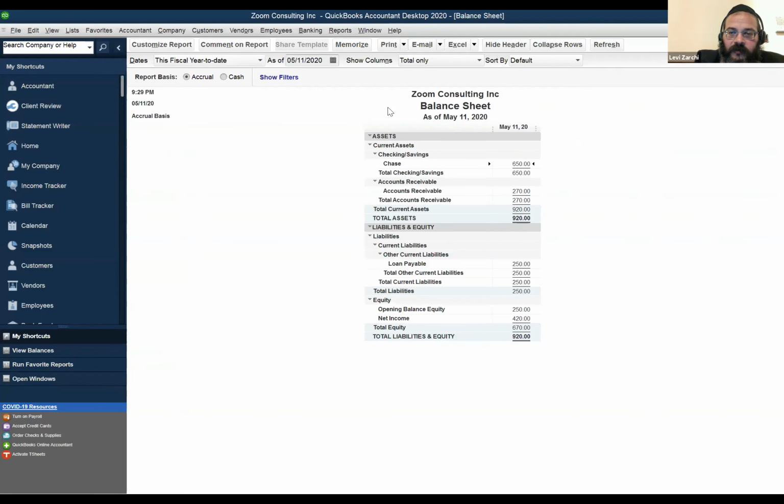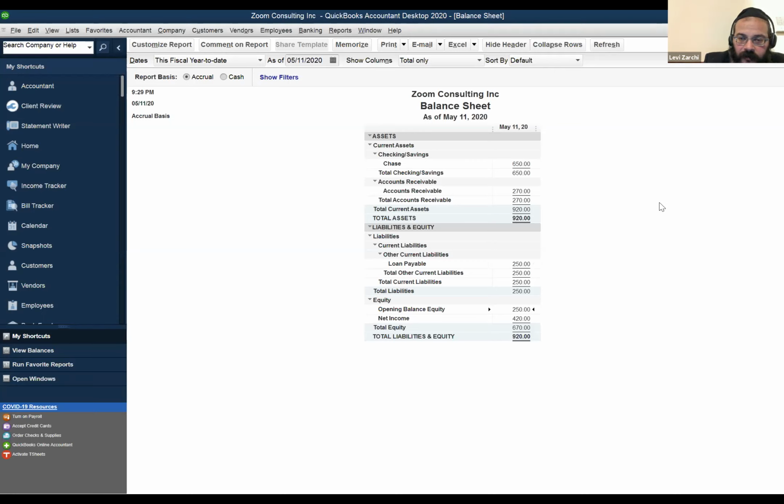What is the company worth today if I had to sell it? We have $650 in the bank, and we have $270 of receivables that we have to collect. What is the total? 270 plus 650 is 920. Since assets always equal liabilities and owner's equity, we know that liability is only 250.